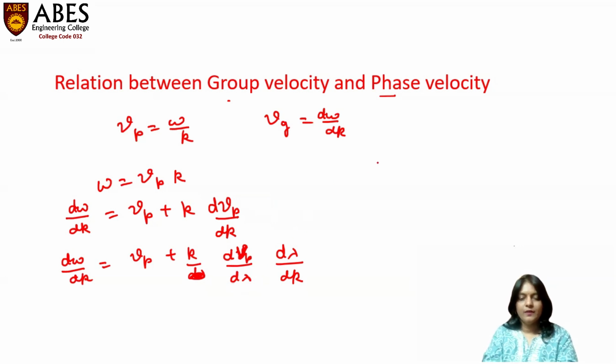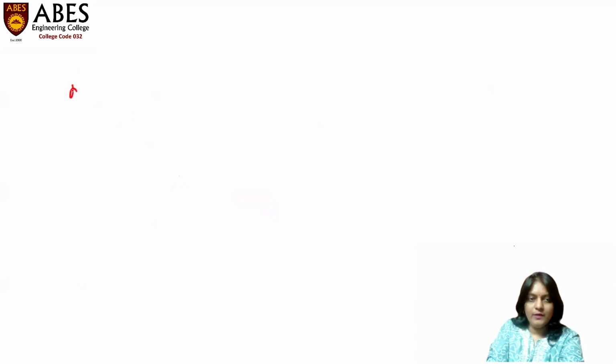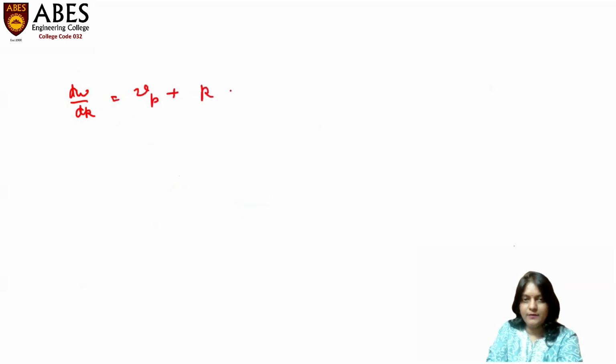So d omega by dk is equal to Vp plus k dVp by d lambda and d lambda by dk.